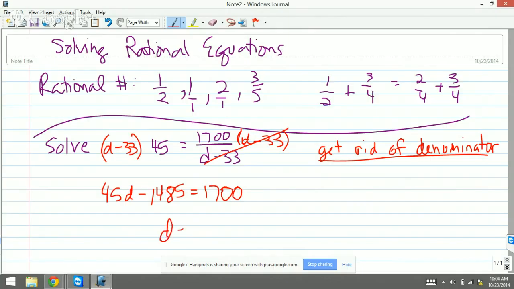So d ends up being 70.78 or something like that. So again, the key is to get rid of the denominator. That's the simple version. If you want to earn a 2, you can do that. If you want to earn a 3, you're going to have to step up your game a little bit.